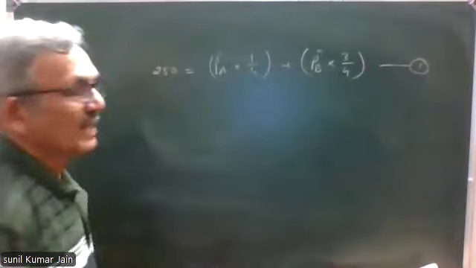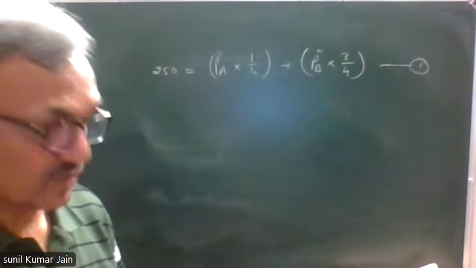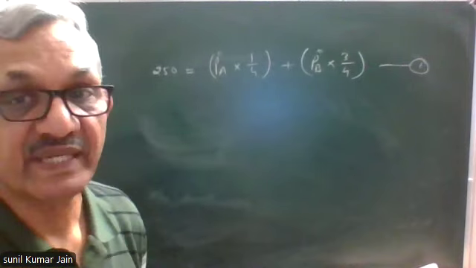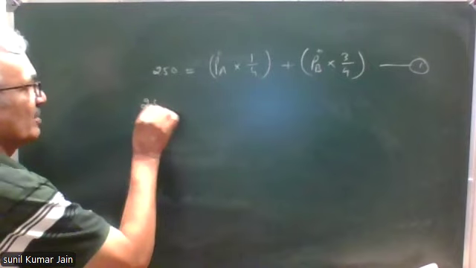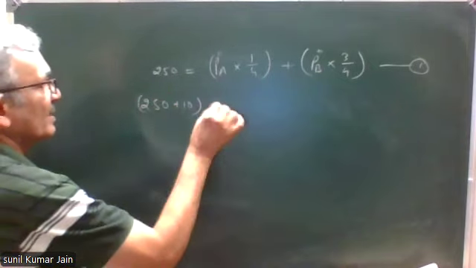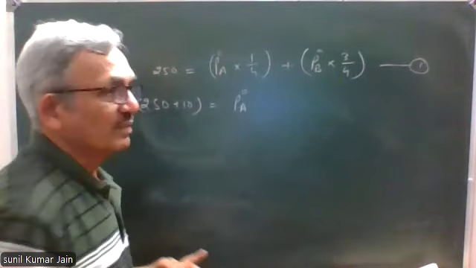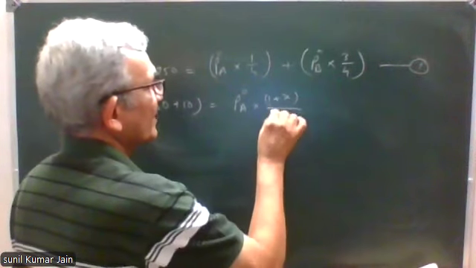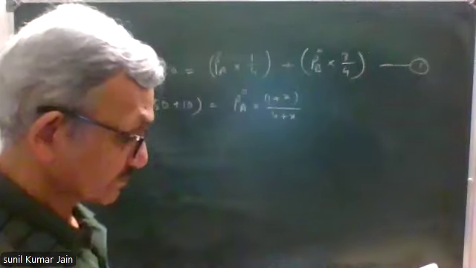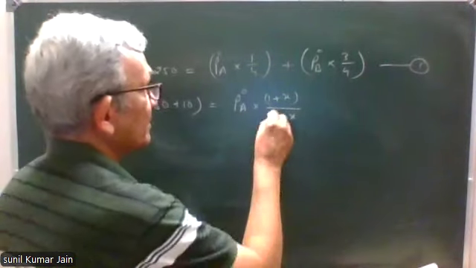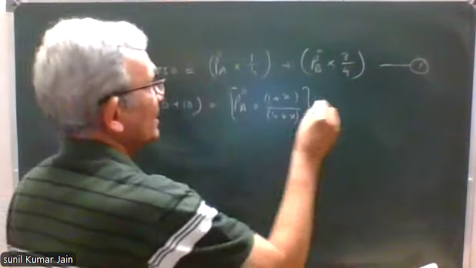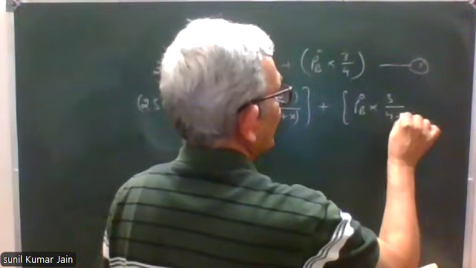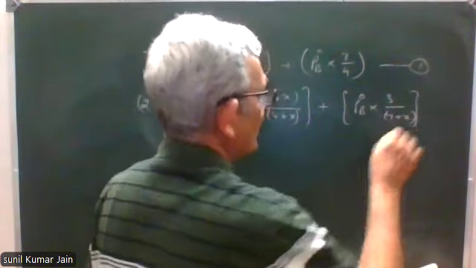This is equation 1. When 1 more mole of A is added, the vapor pressure increases by 10 millimeters. It means it becomes 250 plus 10. When 1 more mole of A is added, the mole fraction will be 1 plus X divided by 4 plus X, plus P naught B into 3 divided by 4 plus X. Right?